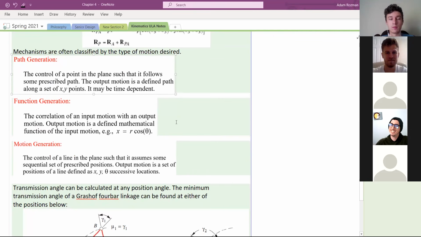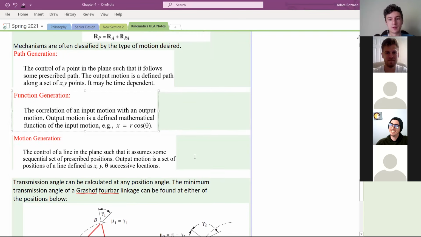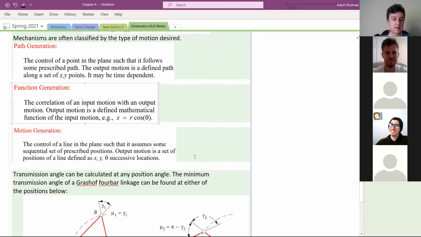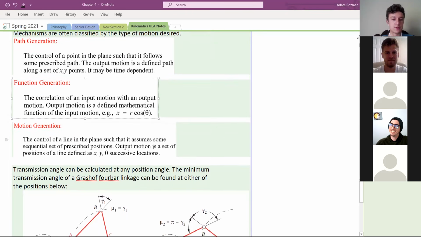You care about this more if you're designing a mechanism and you want a specific output, what input do you need to get that output? And then motion generation is basically path generation, except it's 2-dimensional instead of 1-dimensional. You're moving a line from place to place instead of moving a point.